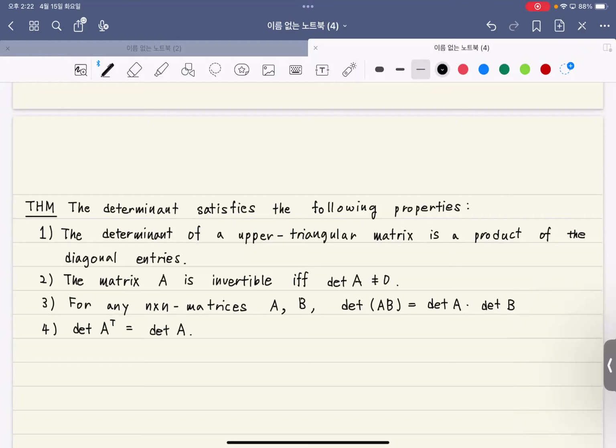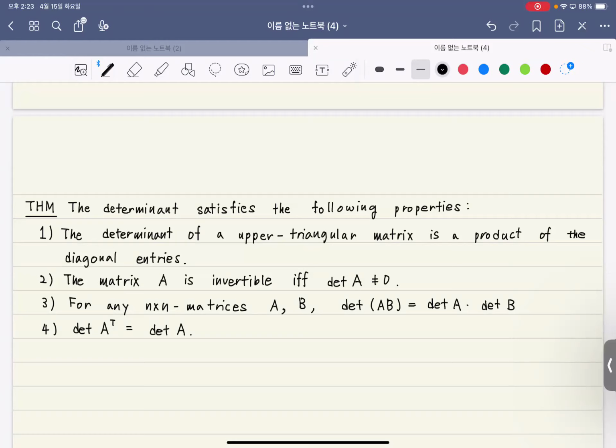Number 3, which is also very useful. Suppose that you have two matrices of the same size, two n by n matrices A and B. The determinant of A times B is the determinant of A times the determinant of B. So the determinant preserves the structure of matrix multiplication.